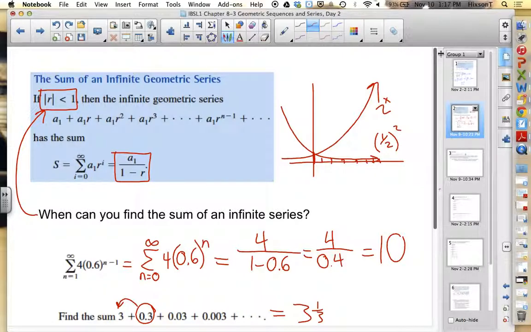We would call this a converging sequence. Okay? And geometric ones can be divergent, which means they're not approaching a particular value. They're just going off into infinity. Or it's also possible that they're bouncing back and forth between positive and negative infinity. Okay?